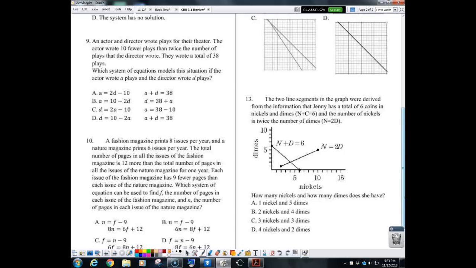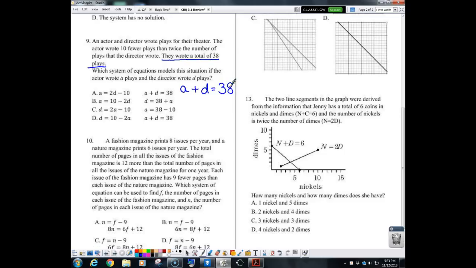One thing that stood out to me is at the end they said they wrote a total of 38 plays. So the two together wrote a total of 38. So the actor's plays plus the director's plays, the total was 38, right?